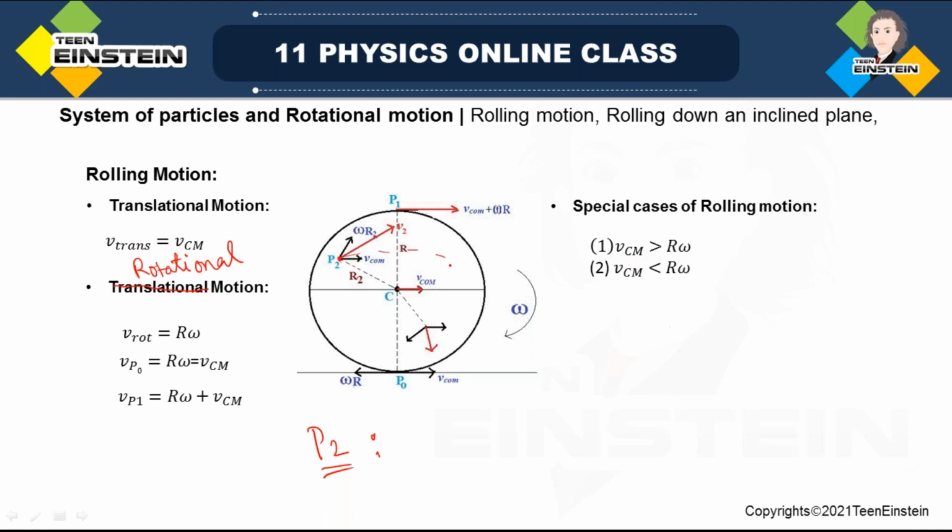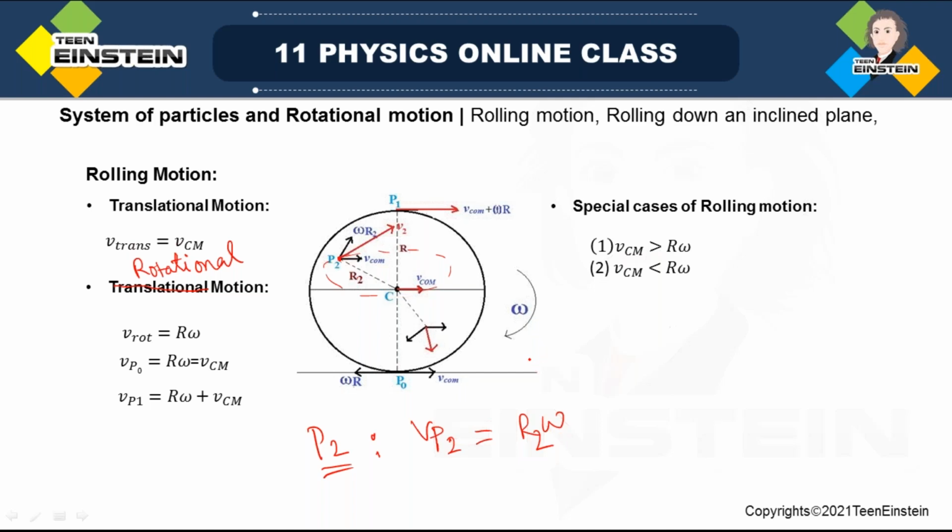This is the r2 radius, so it will move in a circular path having radius r2. So vP2 due to rotational motion will be r2 into omega.